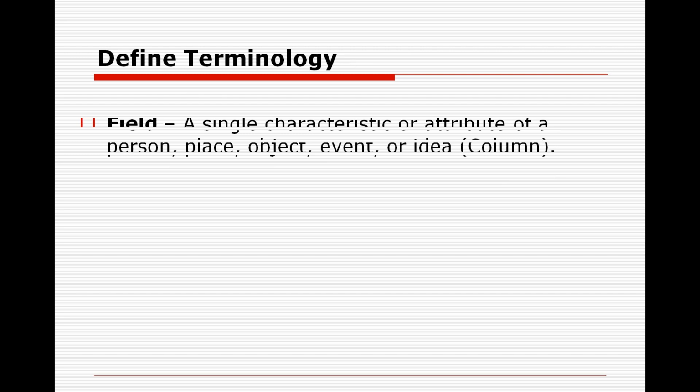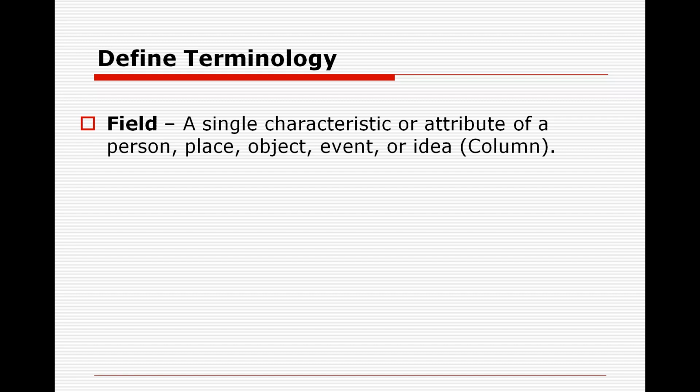We can define some terms under database. First one, field. A field is a single characteristic or attribute of a person, a place, an object, event, or idea.